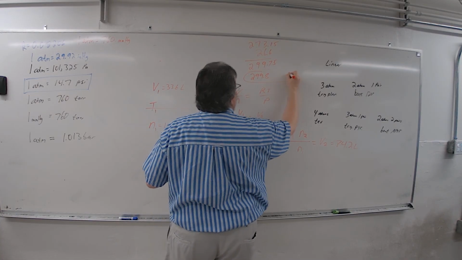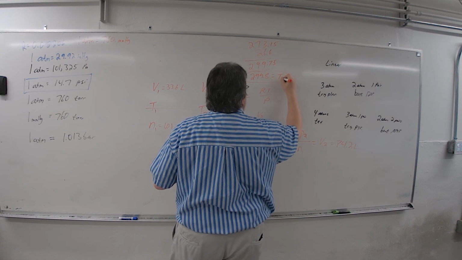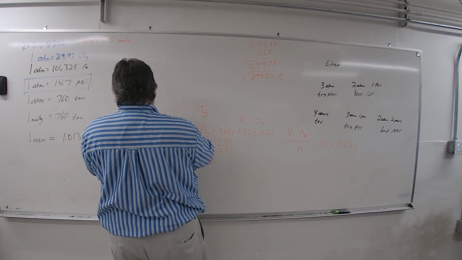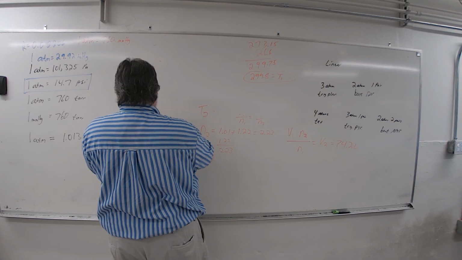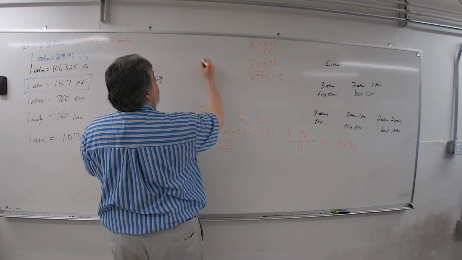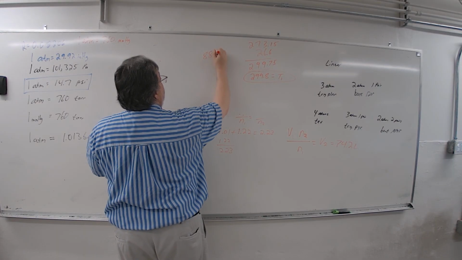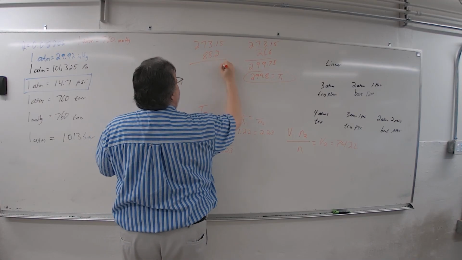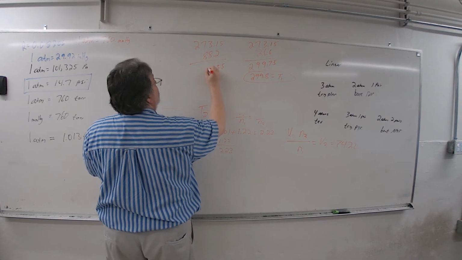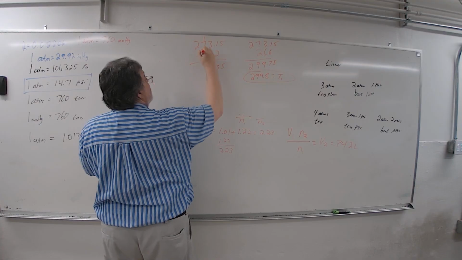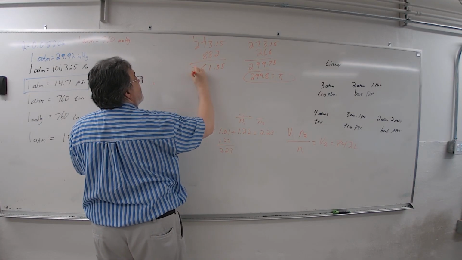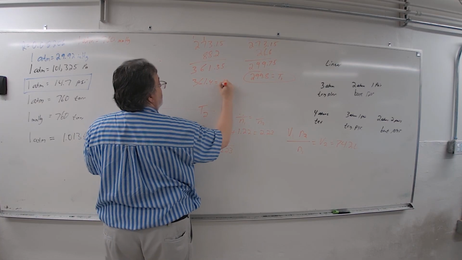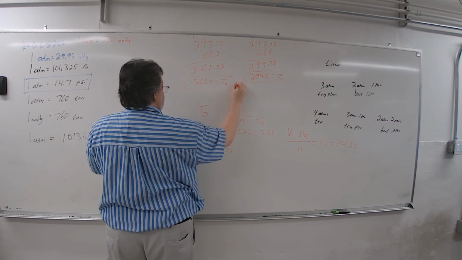So we have that. Is that T1? T2 is 88.2, so 361.4 is T2.